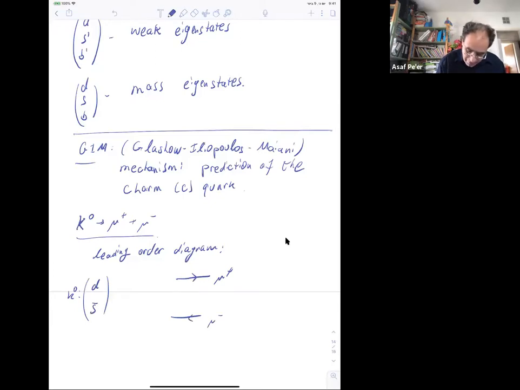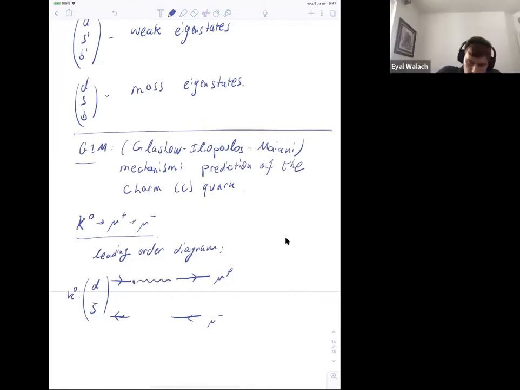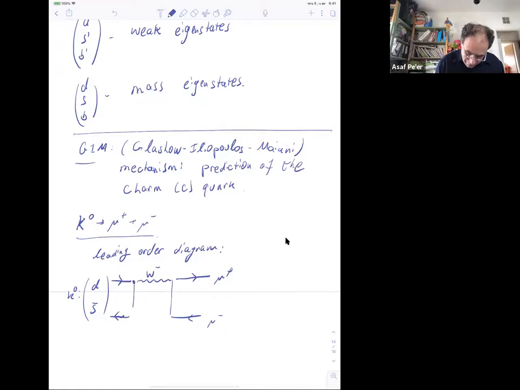And that happens via the weak interaction. So we have one exchange of a W, and that will turn into an up. And the second exchange of a W, that will turn into a neutrino mu, of course. Let's see how the D and S bar.